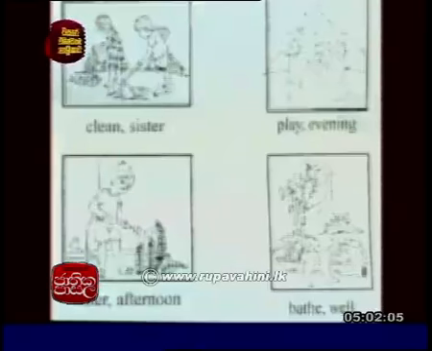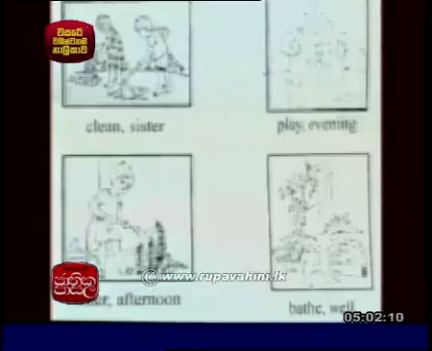Or else we can see some other children, so we can say Ruan played with his friends in the evening. Likewise, you have to be very careful, look at the picture properly, describe and build up your sentence.